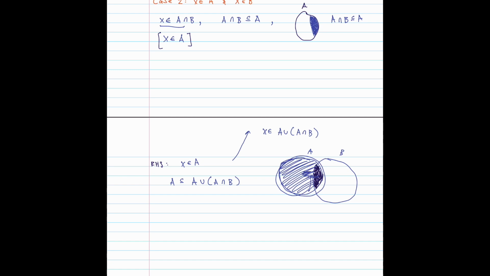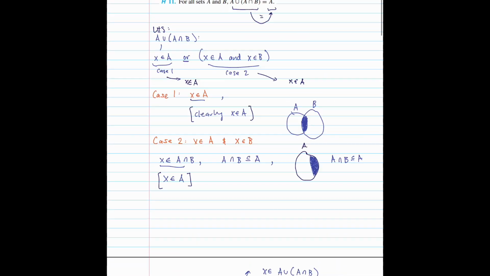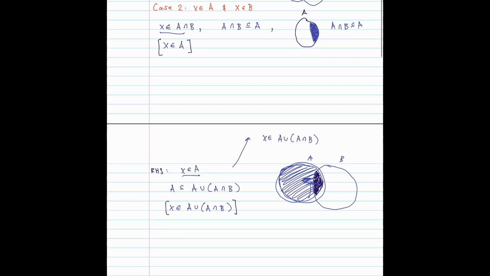So A is a subset of that. So we know that if X is an element of A and A is a subset of that, then X is also an element of A union A intersection B. And yeah, that's a sufficient proof for that question. That's about it for that one.